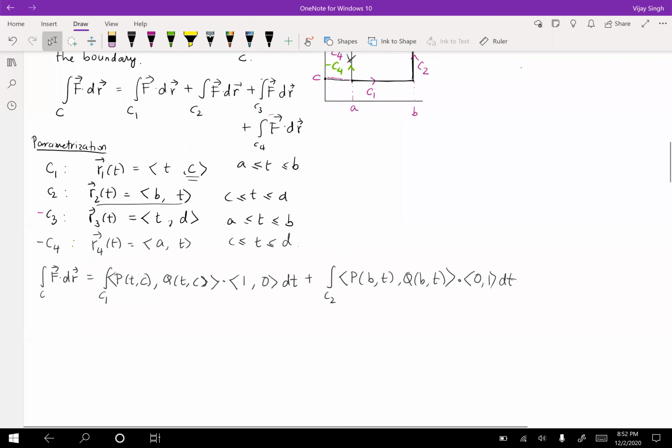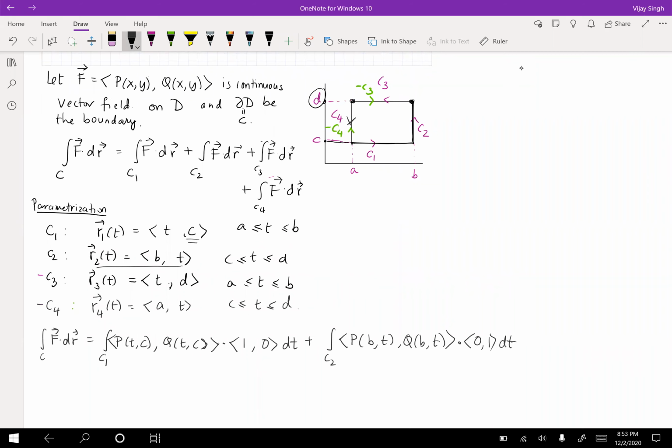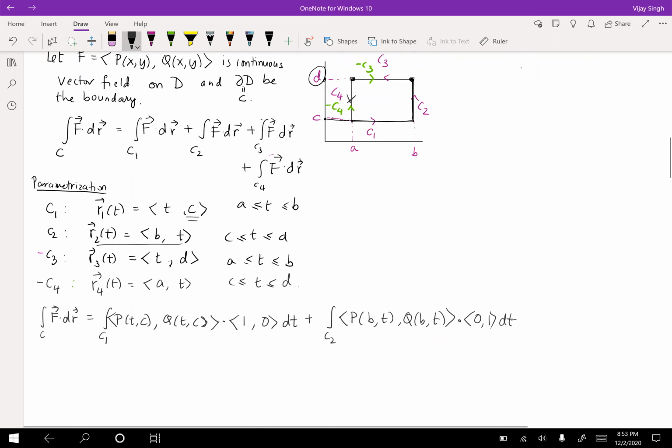So now for plus, so it was now plus C, right? So now I'm going to write minus C. So minus of minus C. So it's going to be minus C3, right? Minus C3, because the integral over minus C3 is minus the integral over C3. Okay, so we get minus C3.